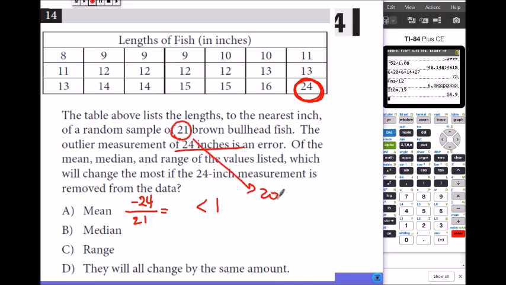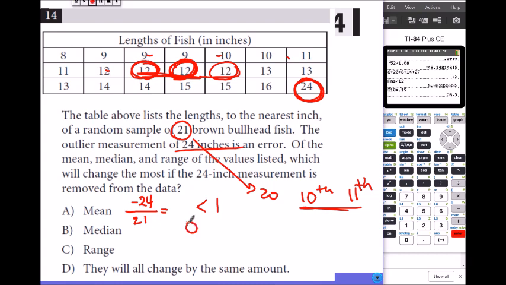So then the median is the middle number, probably the 10th and 11th one, or the average of these two. 1, 2, 3, 4, 5, 6, 7, 8, 9, 10, and 11, they're the same. So from here 12 to here 12, the difference was 0.